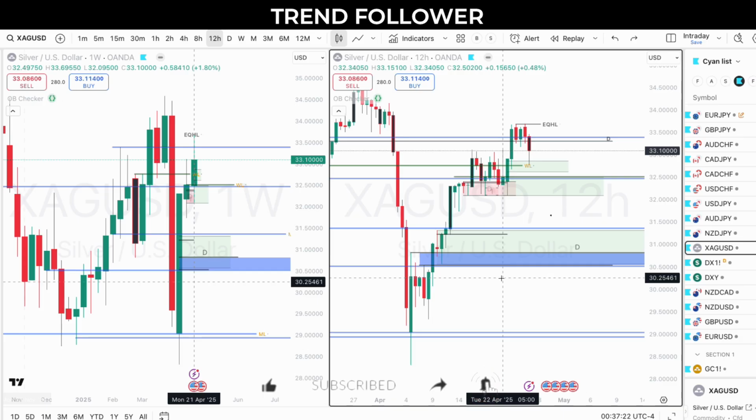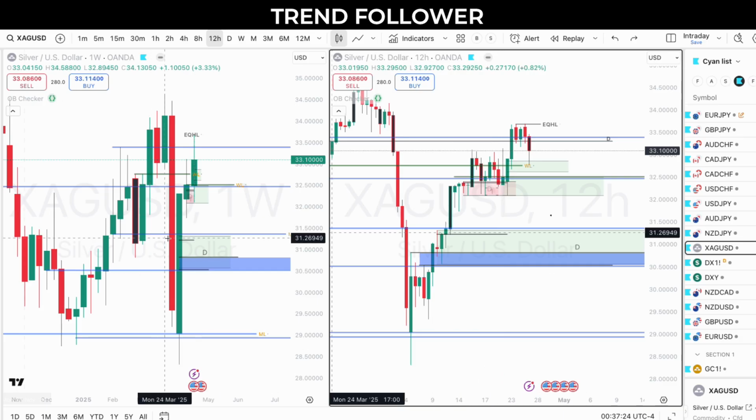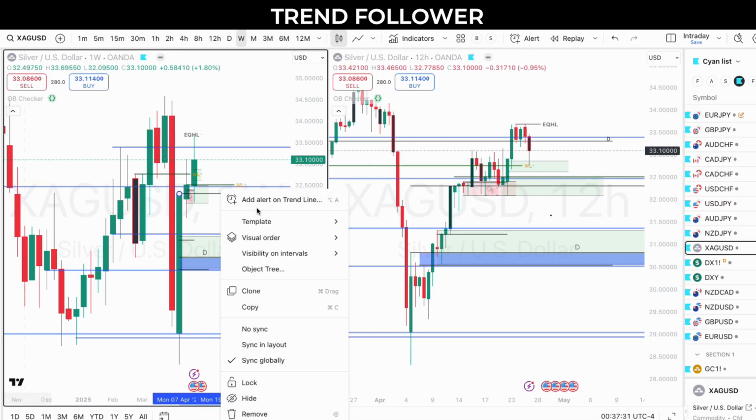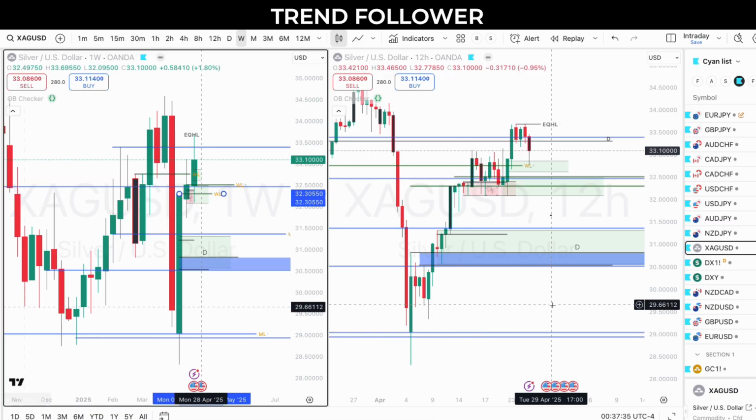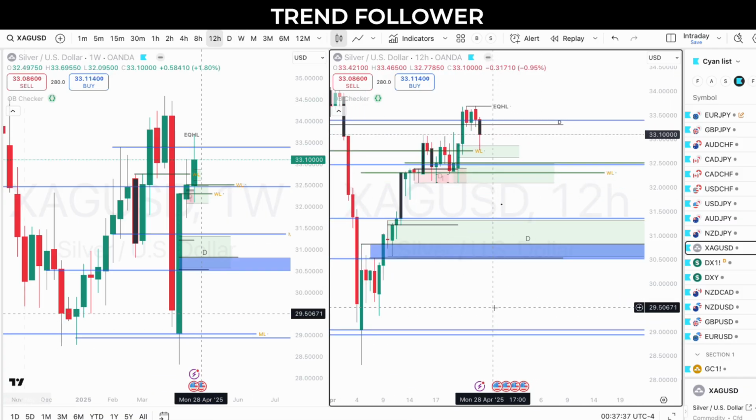I mostly don't like to play gold or silver. The reason is they're too volatile for me sometimes, and it's not good for my focus. But I do sometimes when it forms a good chart pattern.